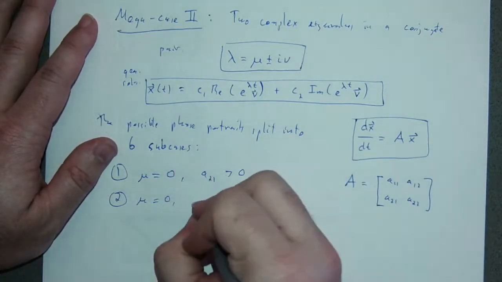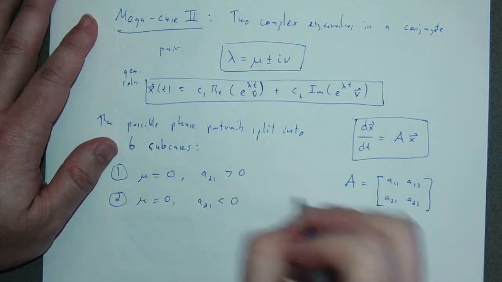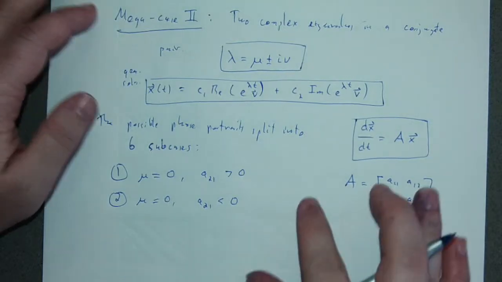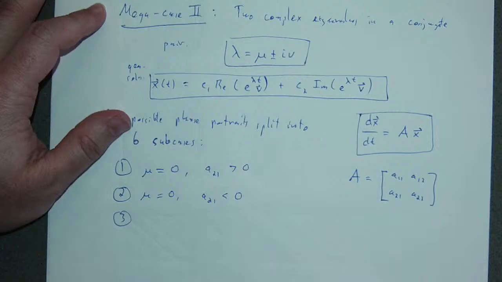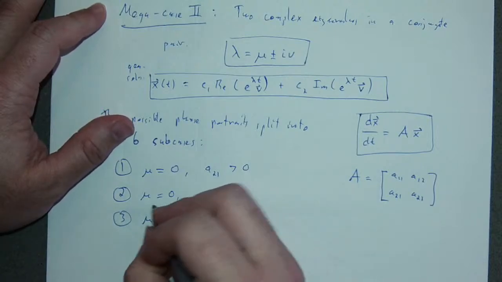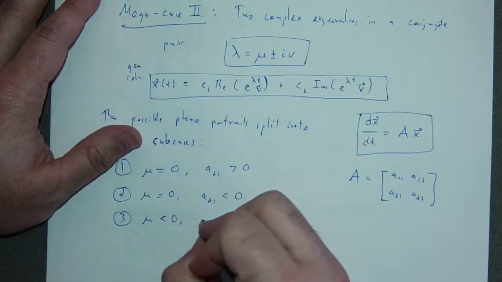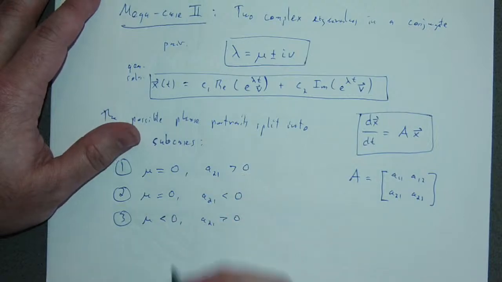Mu equals 0, and A21 is negative. Now you're going to say, what does A21 have to do with anything here? We'll see how this works. The third case is mu is negative and A21 is positive.